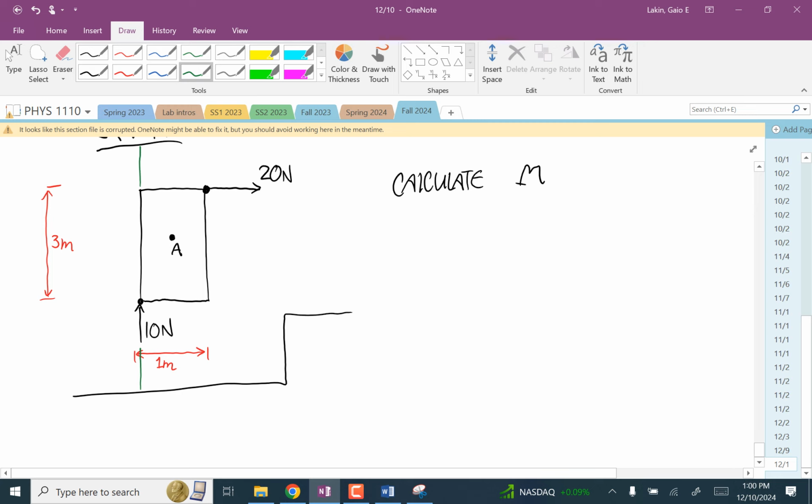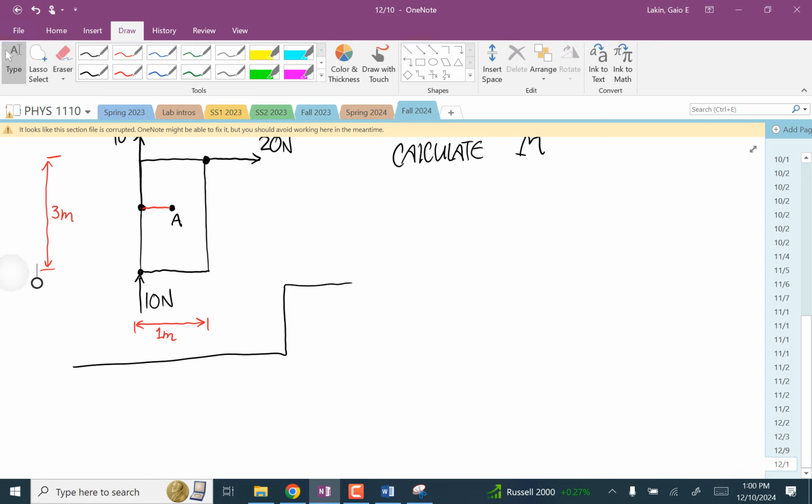So I'm going to move it to right here. And then if you draw the line from A to P, they are perpendicular.